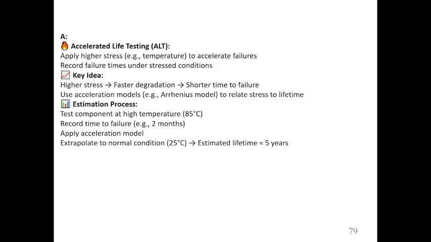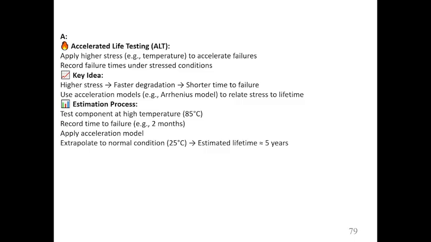Do you remember we already talked about ALT? We can add some stress to the systems to see whether failure will happen or not. At this elevated temperature, the component fails much faster, within about 2 months.